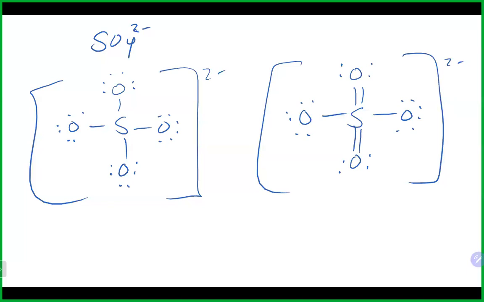But when we look at the sulfur here, it has 2, 4, 6, 8, 10, and 12. It actually is an expanded octet. The reason you see this online is for what we were talking about before. In this particular case, based on formal charge, this is actually the better structure, as opposed to this one where each of these are -1, -1, -1, -1, and the sulfur in the middle is +2.